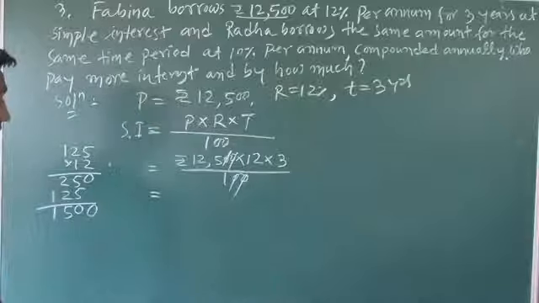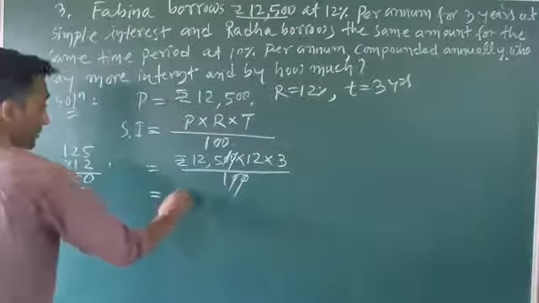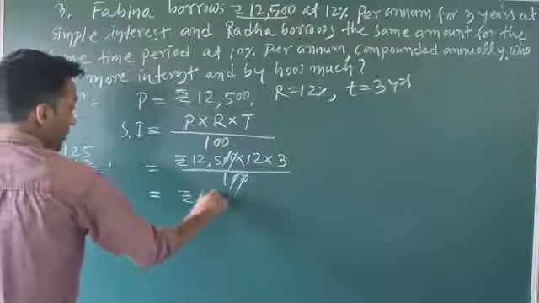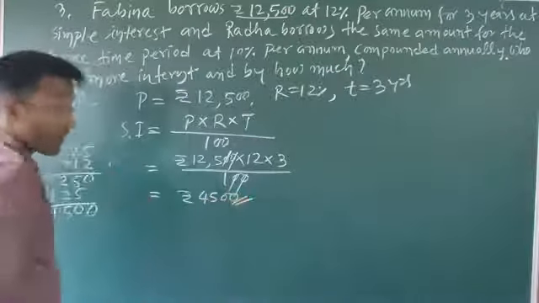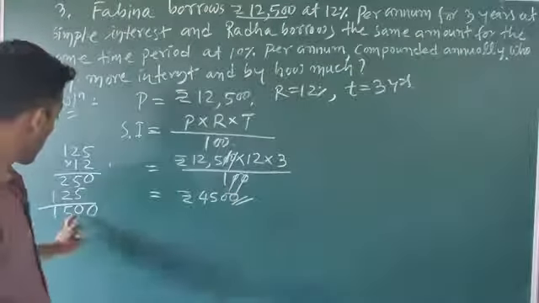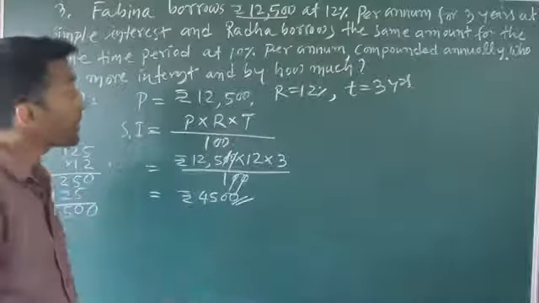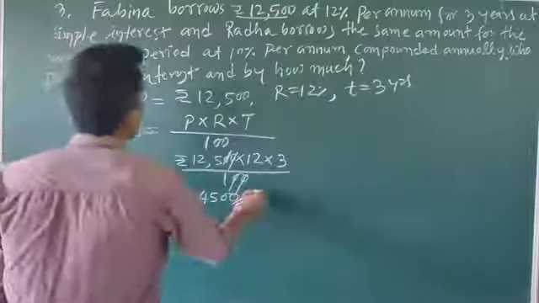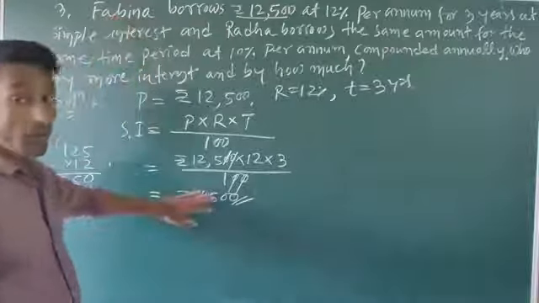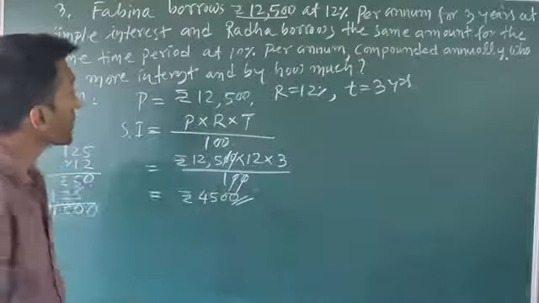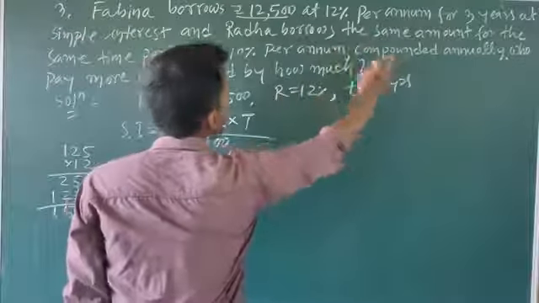We get 1500. 1500 into 3: 15 times 3 is 45. So 1500 into 3 is 4,500. If you multiply 1500 with 3, then you will get 4,500. So Pavina pays 4,500 rupees as interest.